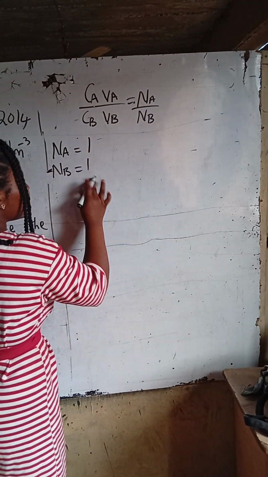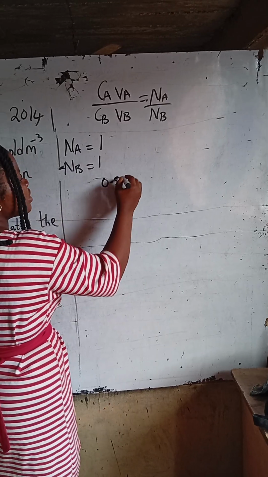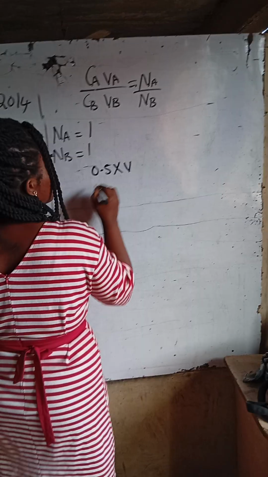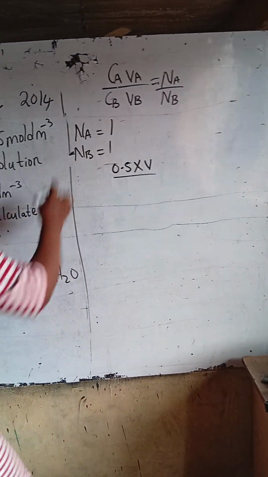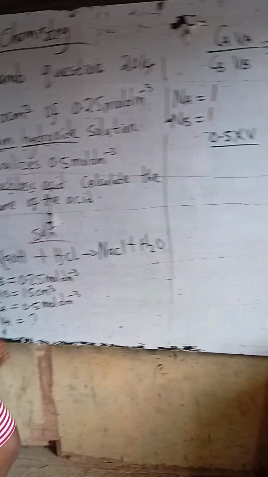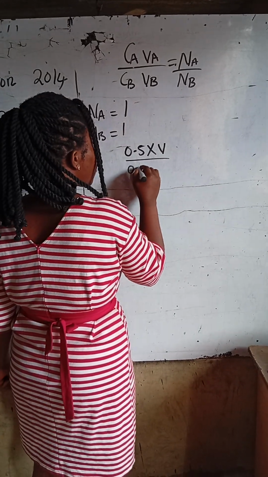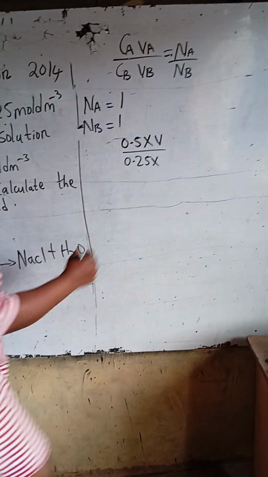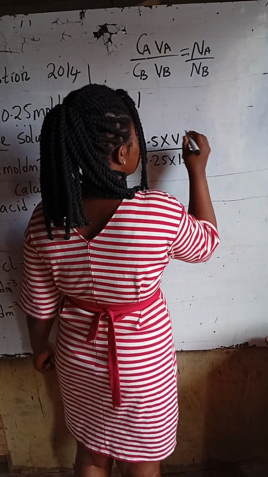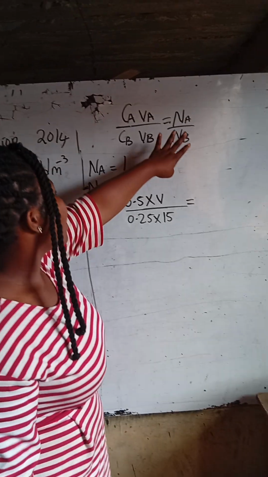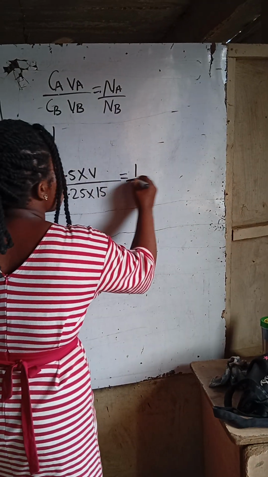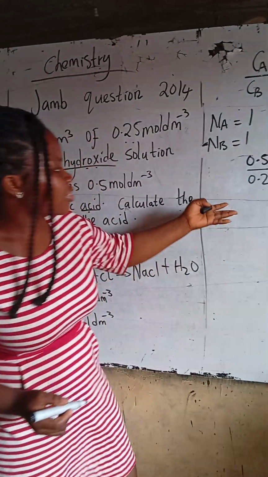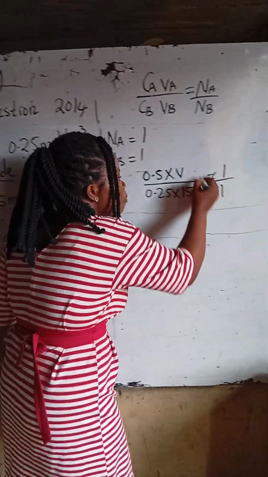So we have Ca as 0.5 times the volume of the acid, which is unknown, so we give it as V, over the concentration of the base, which is 0.25, times the volume of the base, which is 15 cm³. So we have this, which is also equal to the number of moles of the acid, which is 1, over the number of moles of base, which is 1. So when we have gotten this, the next step is to cross multiply.